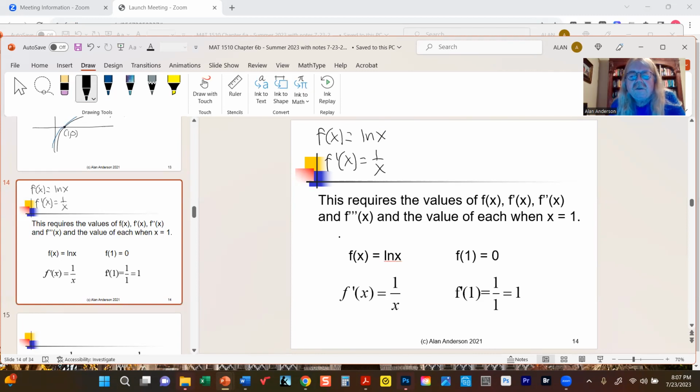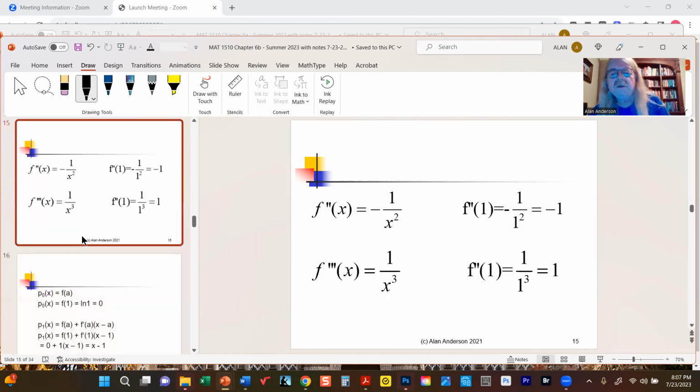Now, we're evaluating this when x equals 1. So we also need to evaluate the original function when x equals 1, and you can see that's just 0. f prime of 1 is 1. And then we're also going to use the second and third derivatives. So we need the second derivative evaluated where x equals 1. And then finally, we need the third derivative and its value when x equals 1.